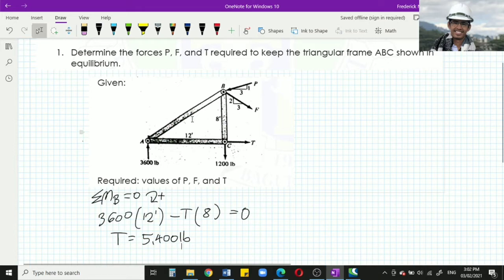So, in this case, pwede nating i-extend yung ating line of action ng force P. Okay? So, example here, itong force P, pwede natin siyang i-extend yung kanyang line of action hanggang ma-intersect niya dito sa ating point A.